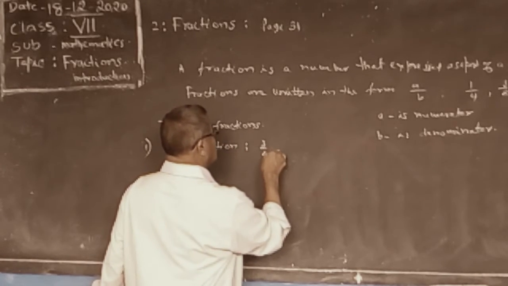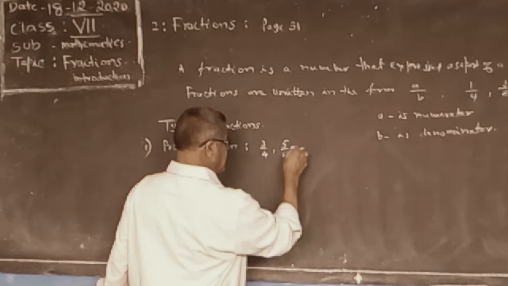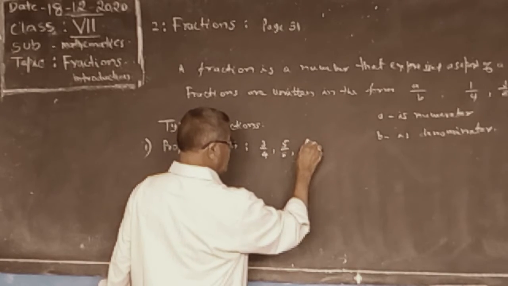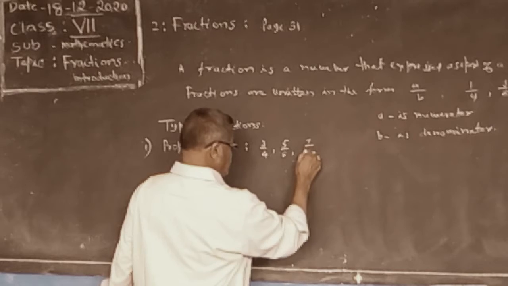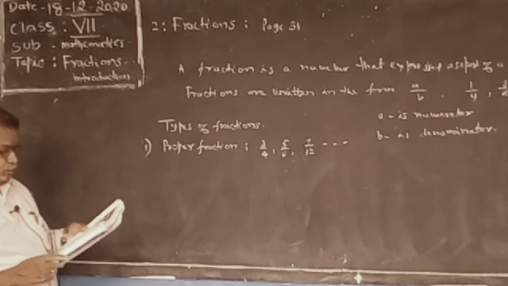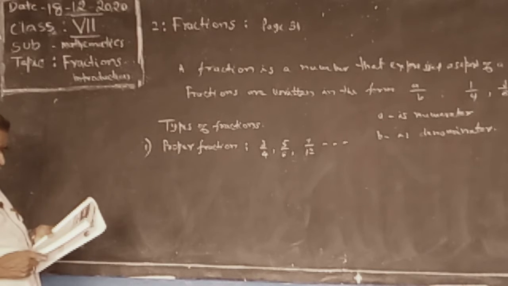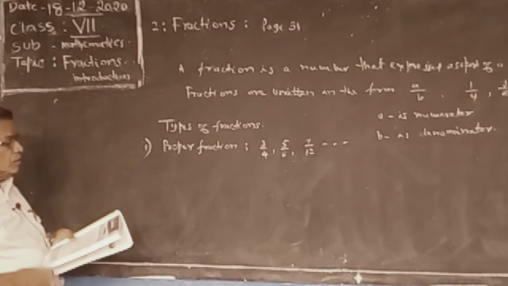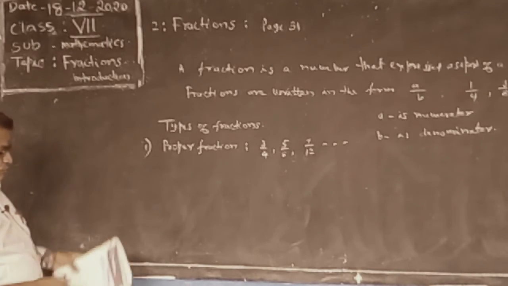Examples: 3 by 4, 5 by 8, and 7 by 12, like that. Here, the numerator is less than the denominator.